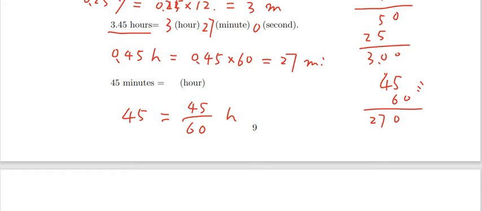This one we can simplify: cancel 3, then 45 divided by 3 is 15, and 60 divided by 3 is 20. You can still simplify, so 3/4. So 45 minutes equals 3/4 hour, or if we change into decimal, 0.75 hour.